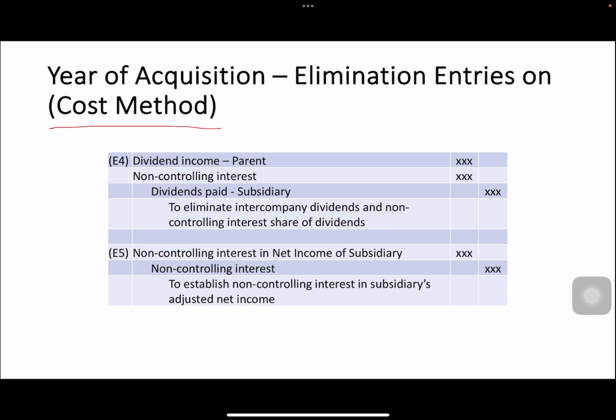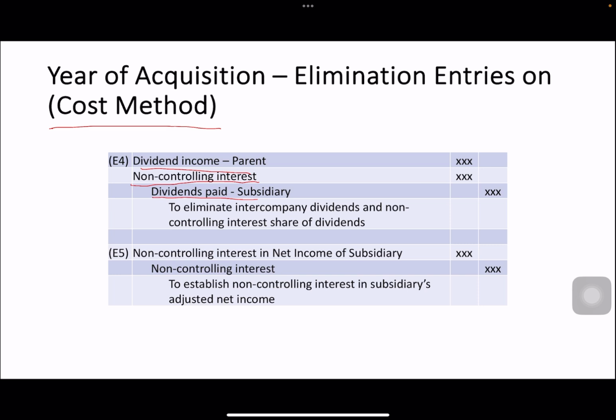So, to reverse the dividend income recorded by the parent, we debit dividend income. And to cancel the dividends paid by the subsidiary, we credit dividends paid. The credit to dividends paid is an adjustment to the subsidiary's statement of retained earnings. We also debit non-controlling interest for the NCI's share in the subsidiary's dividends.